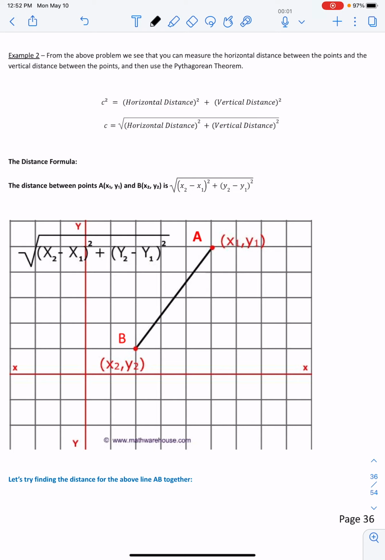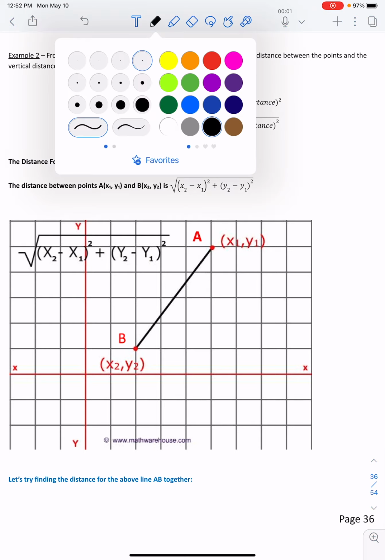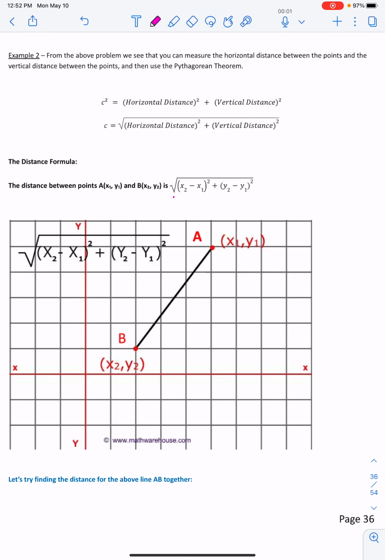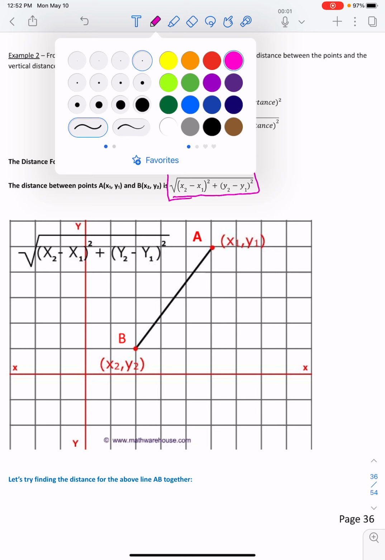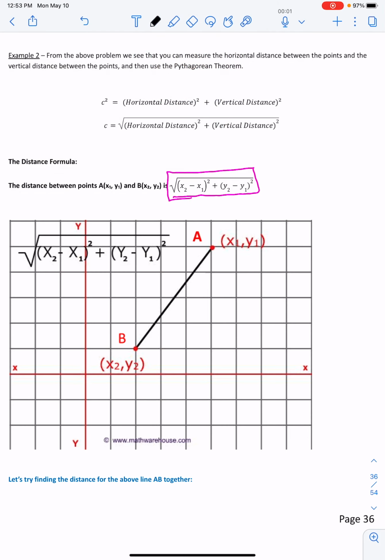So our distance formula, and this is what you need to know, okay, and I'm going to underline that and actually box it in a nice pretty color here, is this. And you need to know that, okay? So that is our distance formula, and we use that to find the distance between 2 points, okay?